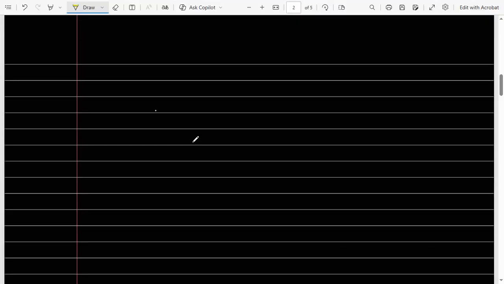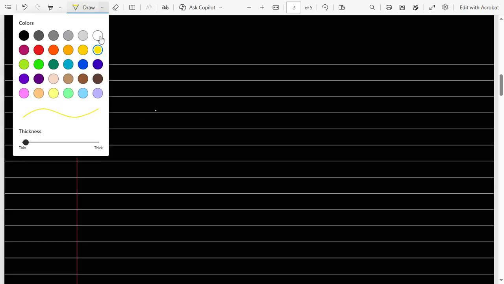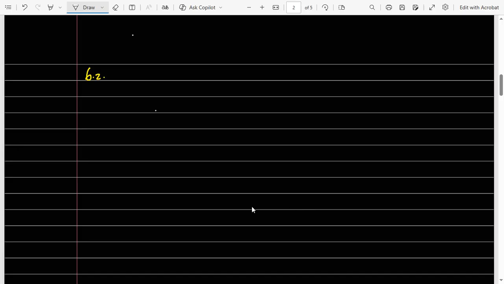Okay, so I'm given 6.2. On this 6.2, the problem goes like this. They say this is 2 the sine 165 degrees, and then we multiply the cos 195 degrees.